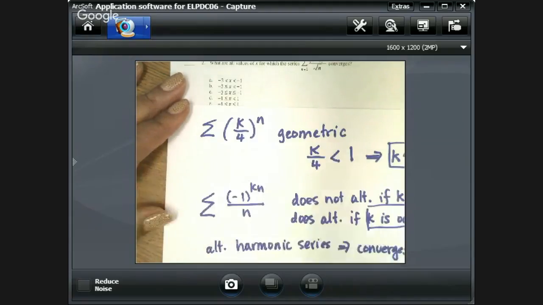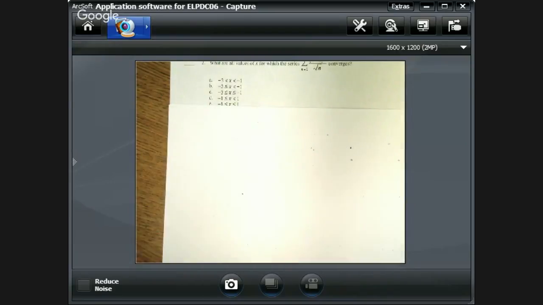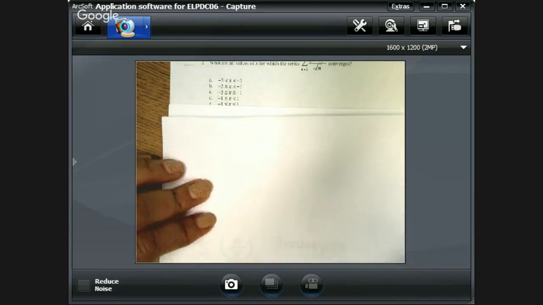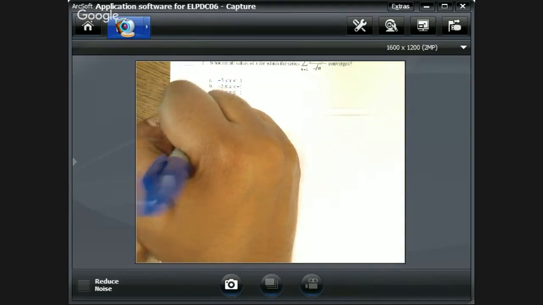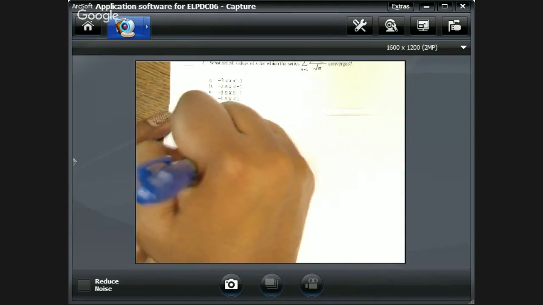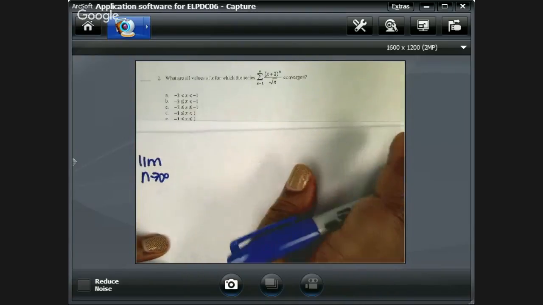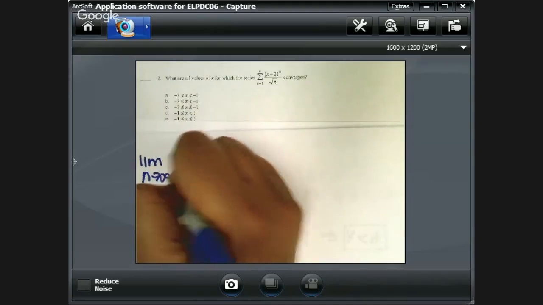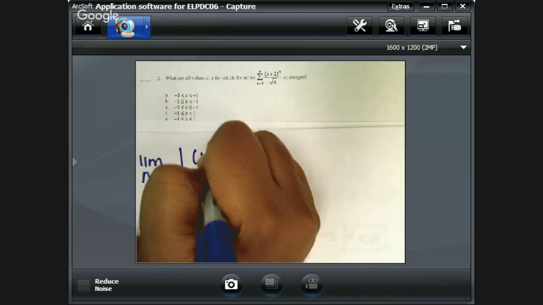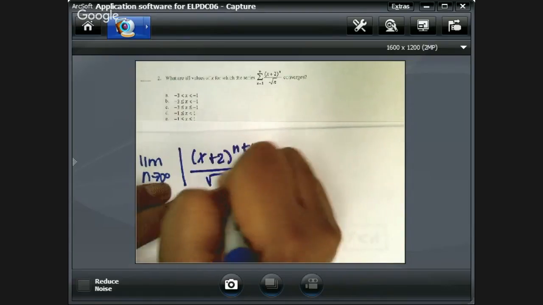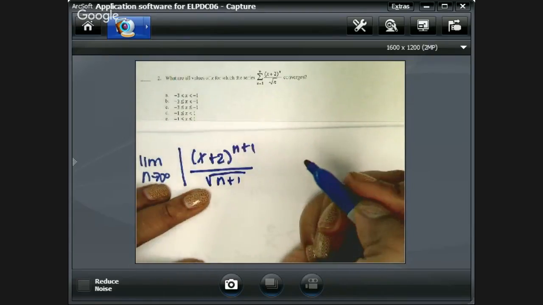So if I want to know when those values converge, I am going to start out by saying, let's look at the limit as n goes to infinity of the n plus first term, absolute value of x plus 2 to the n plus 1 divided by the square root of n plus 1, divided by the nth term.